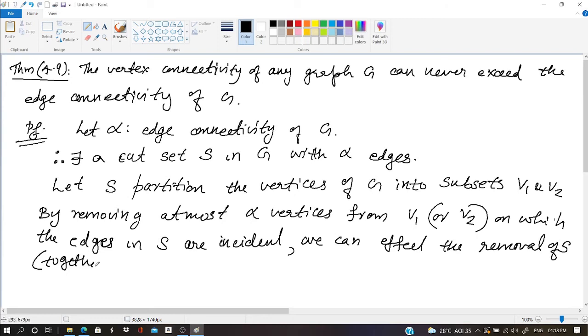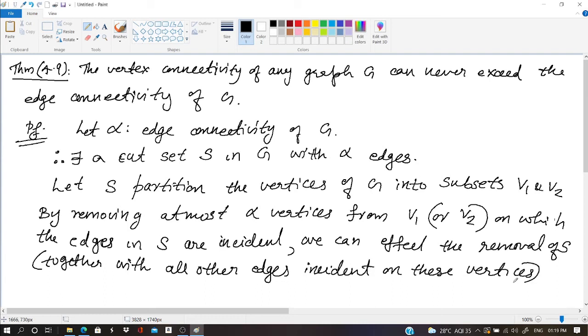That means together with all other edges incident on these vertices from G. Okay, so here alpha denotes the edge connectivity of G. There exists a cut set S in G with alpha edges.